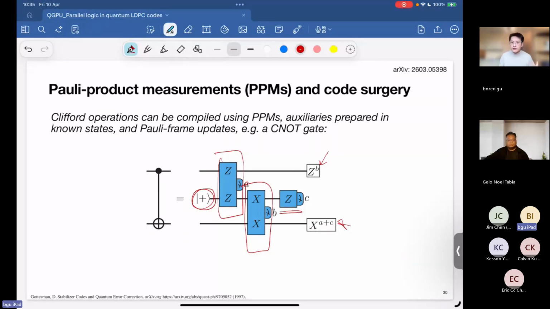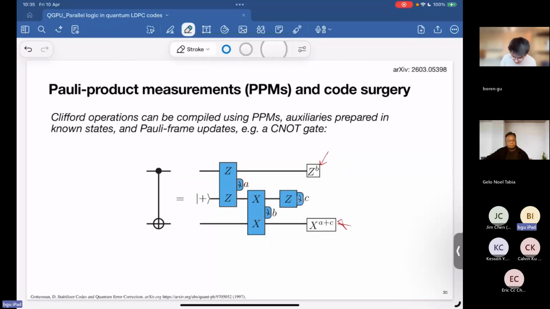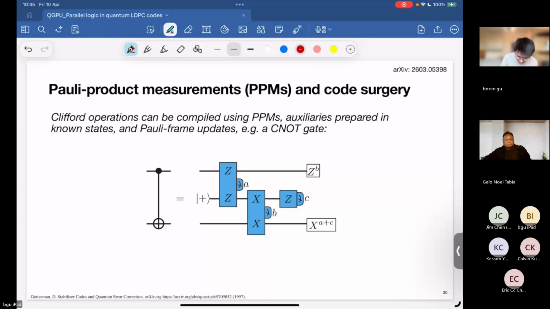But if you want to do this fault tolerantly, what you need to make sure of is that you will need a fault tolerant logical auxiliary, and you want a logical product Pauli measurement which is fault tolerant as well. Another PPM, sorry, a Pauli measurement on the auxiliary, is also fault tolerant.